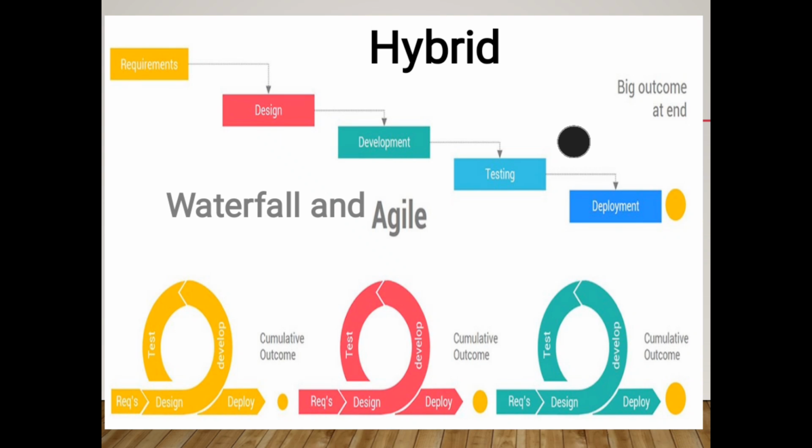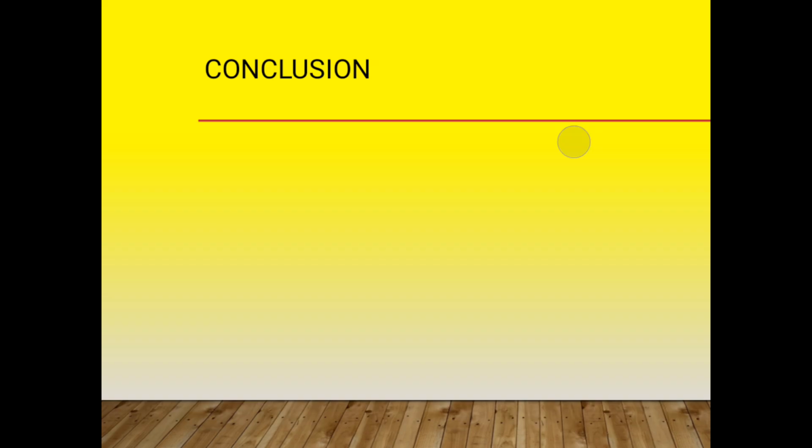The disadvantage is that it needs somebody who is very skilled, because it is not easy for someone to manage a project which has diverse needs. So that is the disadvantage of this hybrid methodology.